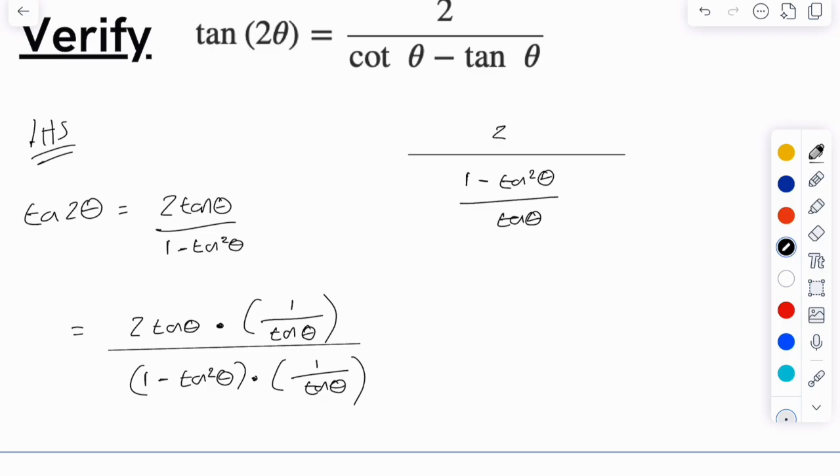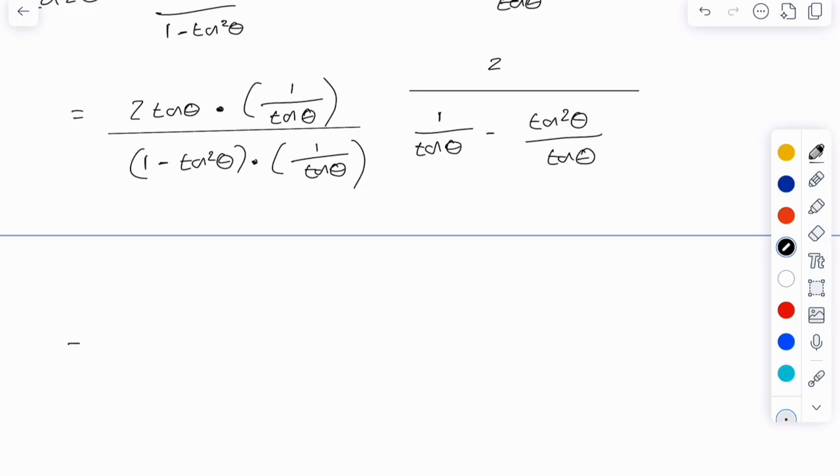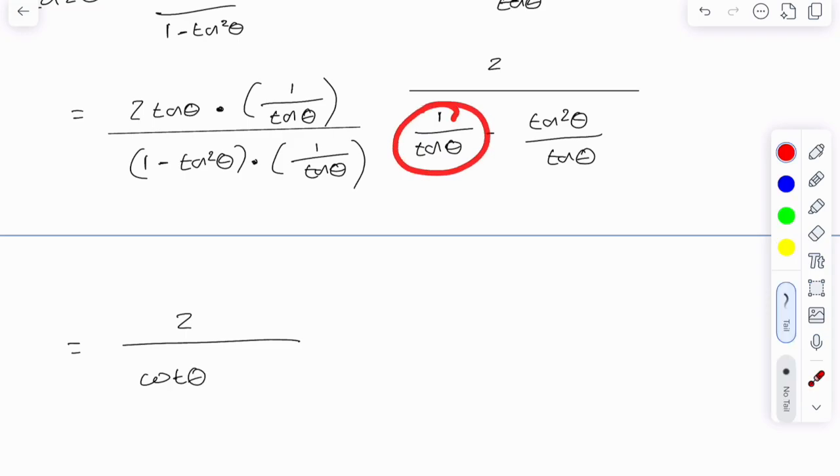If we keep going, we get 1, remember, because it's 1 denominator here, 1 over tan theta minus tan squared theta over tan theta, which equates to what? 2 over cot theta, because 1 over tan theta is cot theta, minus tan theta.